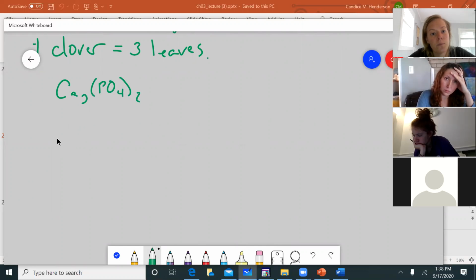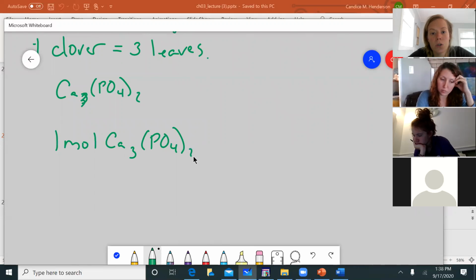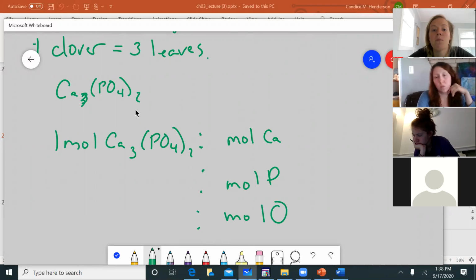In every 1 mole of Ca3(PO4)2, I want you to tell me how many moles of calcium you would expect, how many moles of phosphorus you would expect, and how many moles of oxygen you would expect. Or what this is equivalent to. In order to make 1 mole of this, how many moles of calcium do I need?